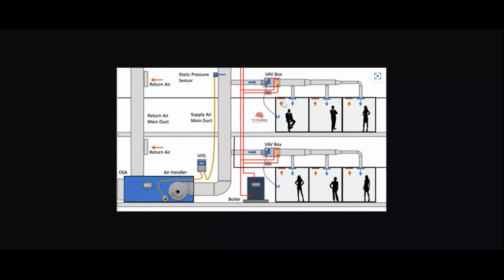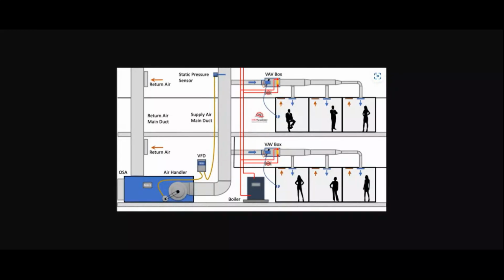Now suppose I don't want 24, I want 20. So what will this VAV box do? It will allow more air to enter the room till the room temperature comes down. Because I am supplying 18 degrees centigrade, if I supply more air continuously, at one point the room temperature will become 18.